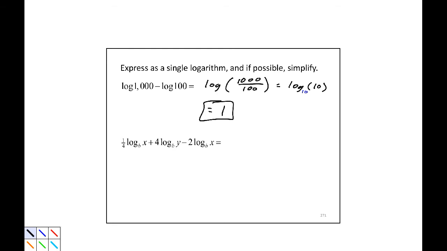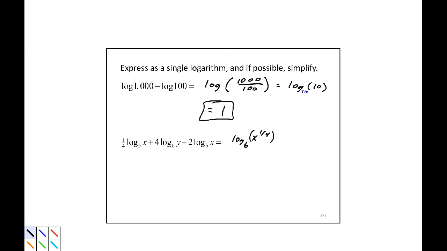Second question, we have 1/4 log base b of x plus 4 log base b of y minus 2 log base b of x. Now when we're condensing, we want to begin with the power rule and then sort of work backwards. So 1/4 log base b of x would be written as log base b of x to the 1/4, which is the fourth root.